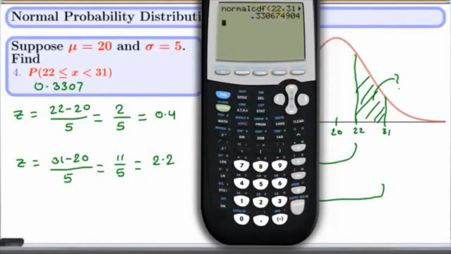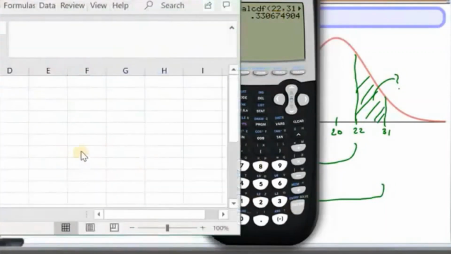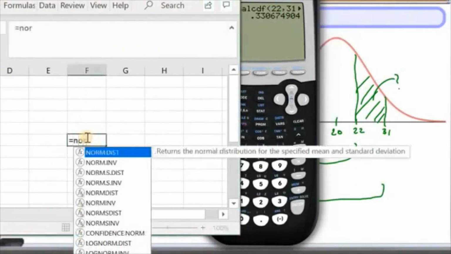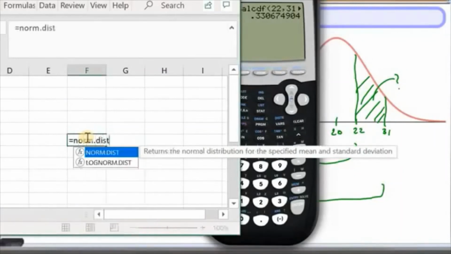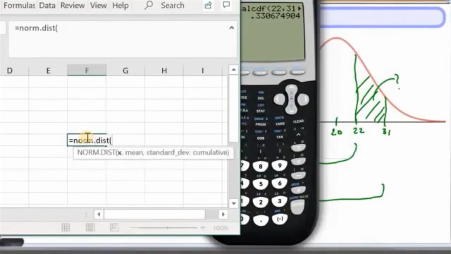Now let me show you how to find that value in Excel. To find the area to the left of 22, we will type in equals, then type in norm.dist, then put parentheses. Our x here is 22 since we are trying to find the area to the left of 22.